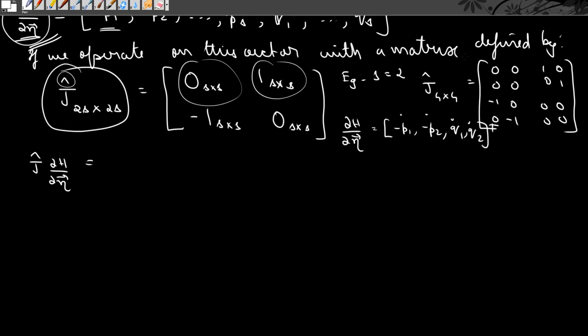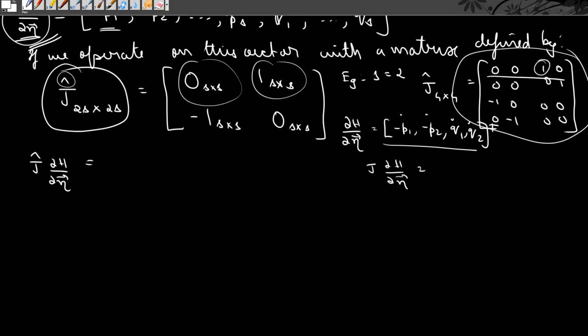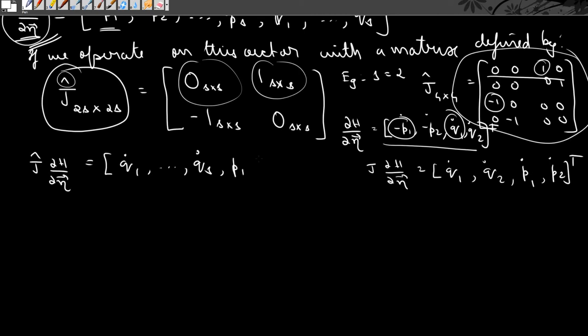When I operate with this matrix, the first row multiplied by this column leaves only the term 1 into q1 dot, so the first term is q1 dot. Similarly the second term is q2 dot, and minus 1 multiplied by minus p1 dot becomes plus p1 dot, p2 dot transpose. So this gives me q1 dot up till qs dot, p1 dot up till ps dot.